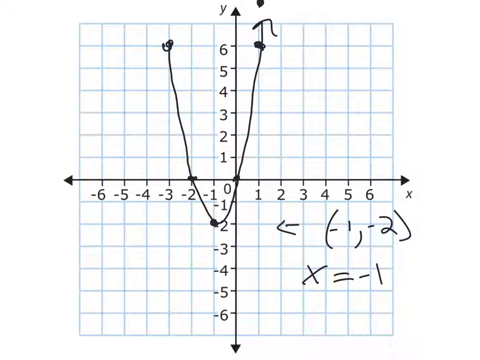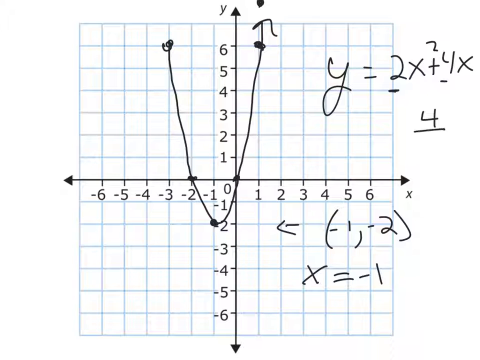So let's look again at the equation that got us here. Y equals 2x squared plus 4x. And how does this all relate? Well, the relationship actually has to do with the ratio of our b coefficient and our a coefficient. Okay, 4 divided by 2 is 2, which is close to what we have here, but it's not quite there yet.